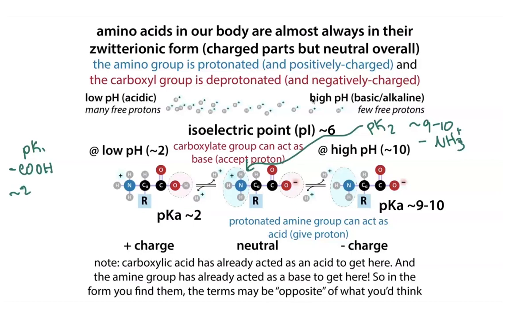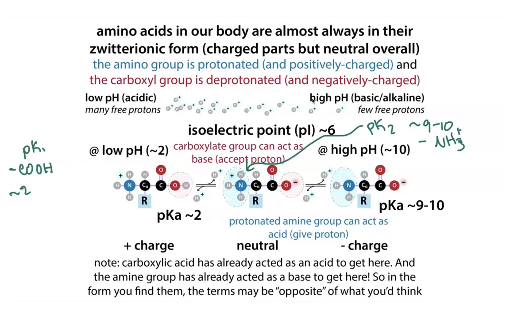But for our amino group, well, here we're saying, okay, well, we have a weaker acid, which means we're more likely to find it as an acid, which means that we're more likely to find it in this protonated state. But of course, this is going to depend on the pH, right? We can compare the two of them and say, yeah, we're more likely to find the COOH deprotonated than we are the NH3 group. But that's all going to depend on the pH.